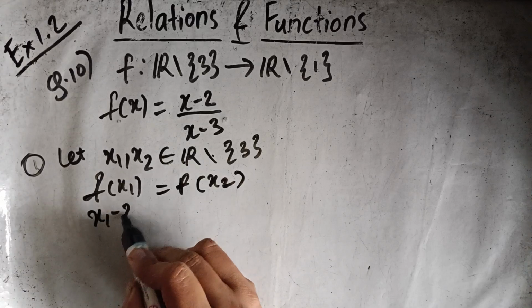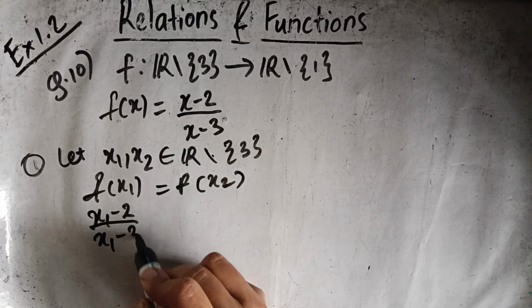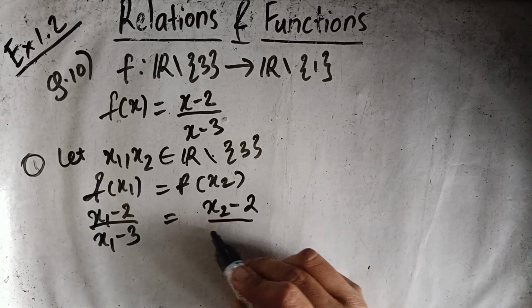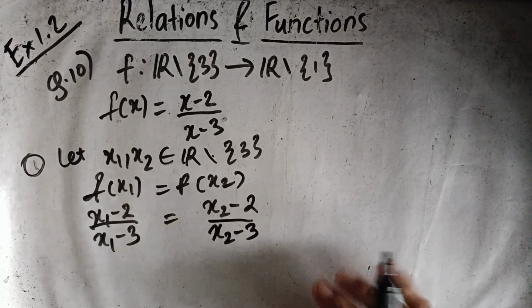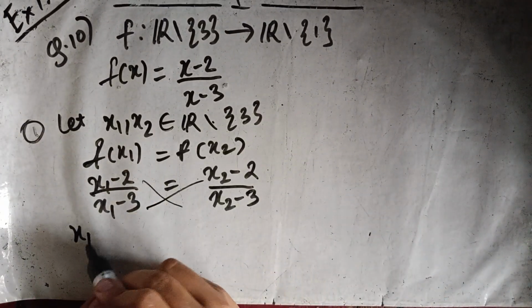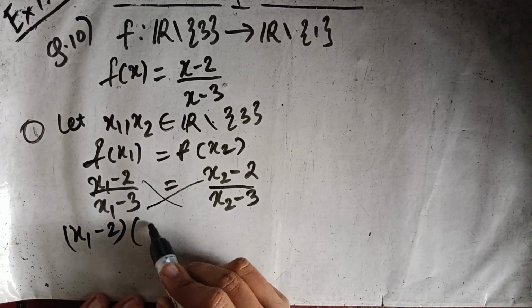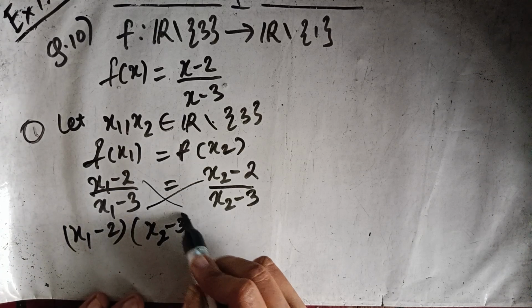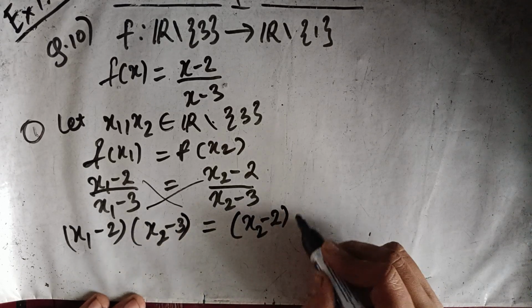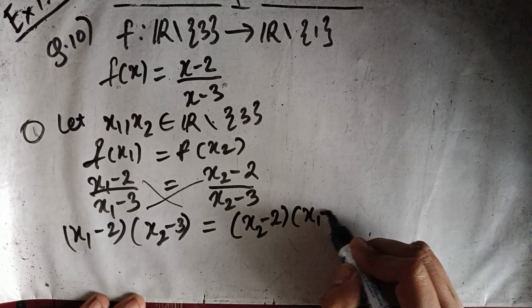So (x1 minus 2) upon (x1 minus 3) is equal to (x2 minus 2) upon (x2 minus 3). Cross multiplying, we get (x1 minus 2)(x2 minus 3) equal to (x2 minus 2)(x1 minus 3).